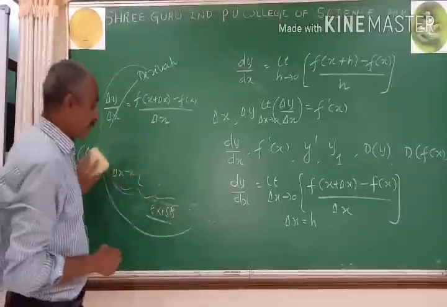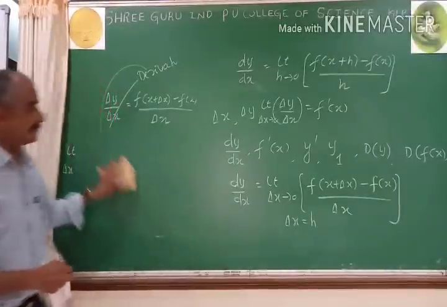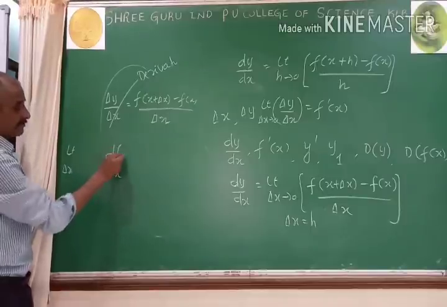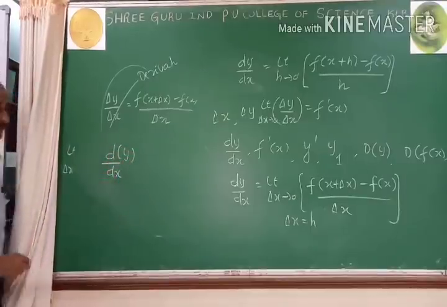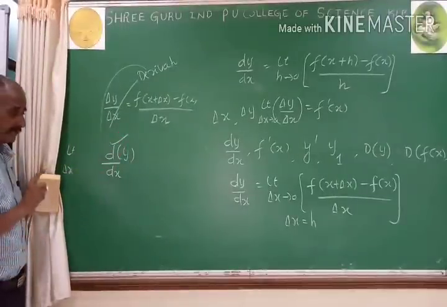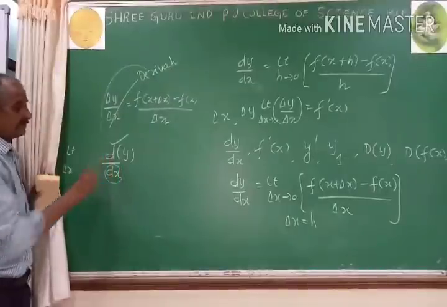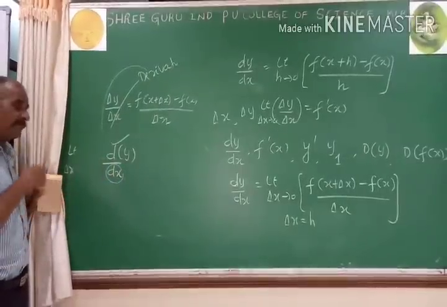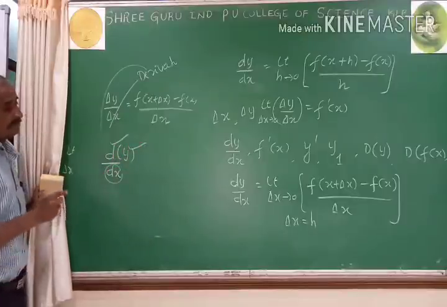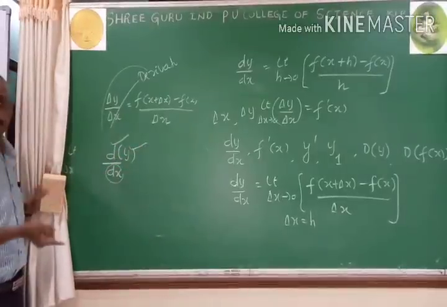Here we should be very careful that in the notation d by dx of y, one should not get confused. Here d stands for the symbol of derivative, d by dx stands for the derivative with respect to x, and y is the function which is undergoing the process of derivative.